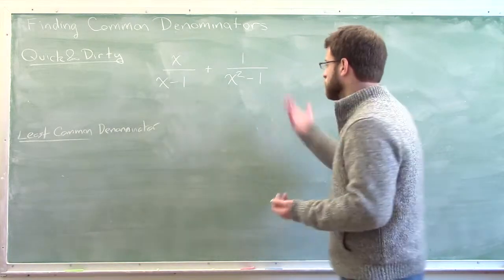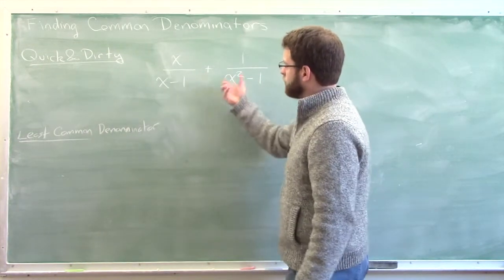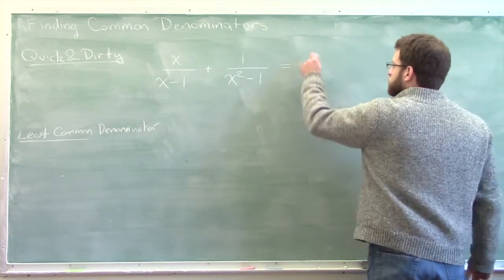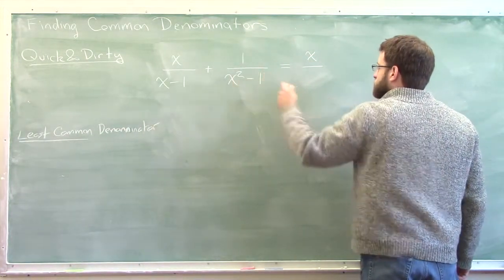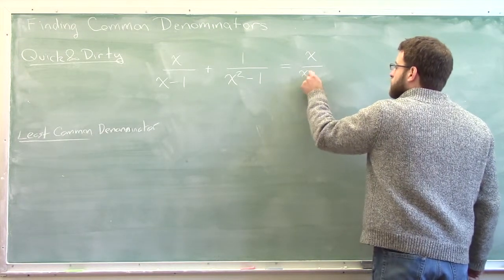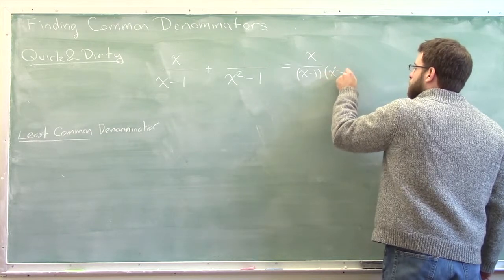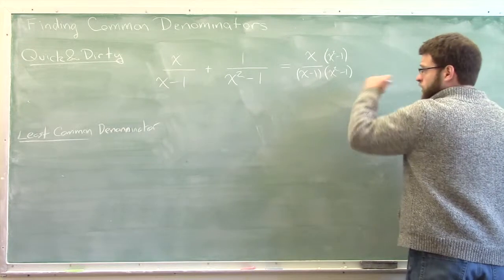All right? So quick and dirty, you're multiplying and dividing by the pieces of the denominator that you need to introduce. So the first piece needs to get this denominator of x squared minus 1 to appear. So we have the fraction that we start with. We multiply top and bottom by this factor, x squared minus 1.